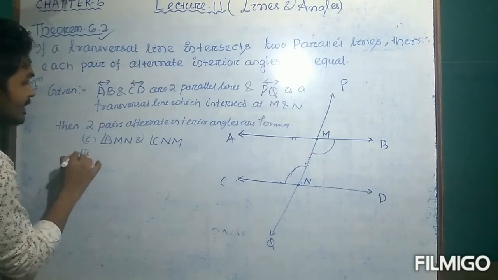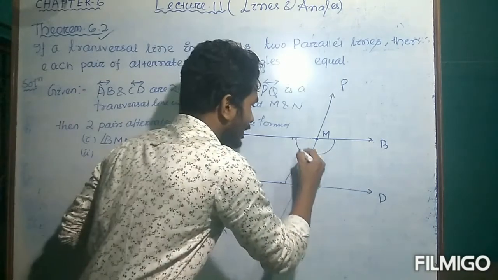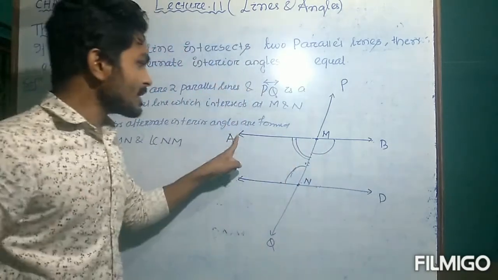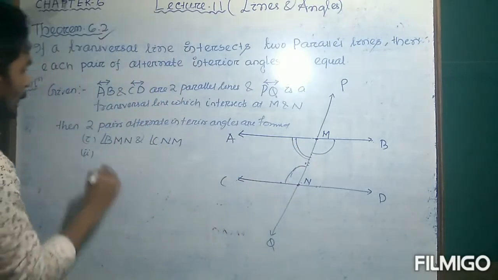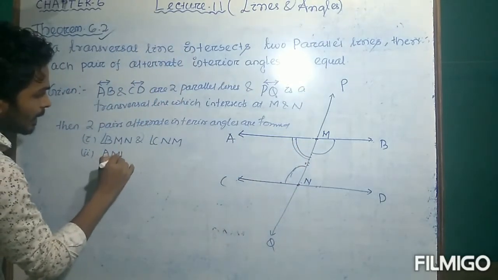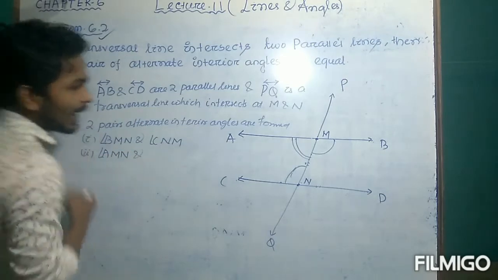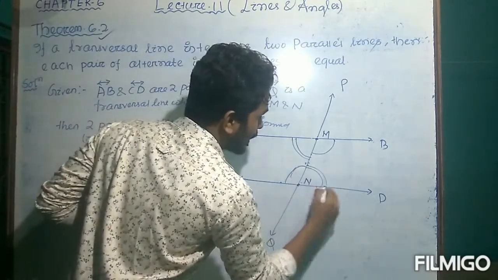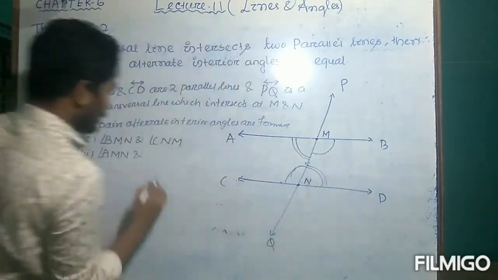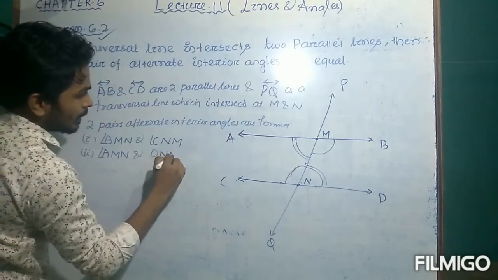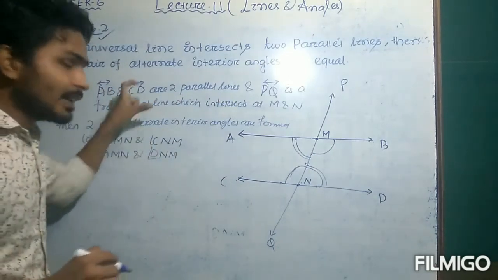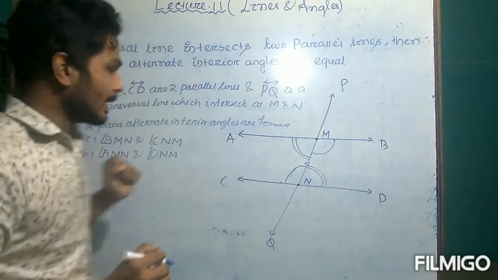And the second pair is this angle, AMN, and this angle, DNM. So this is what is given in the statement.